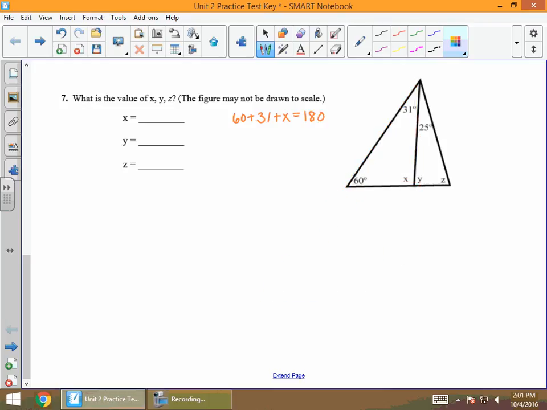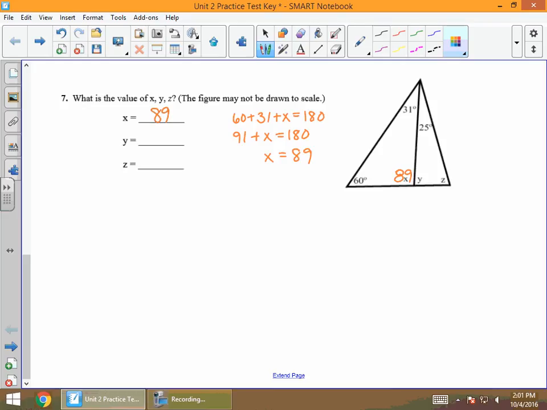All right, 60 and 31 is 91 plus x is 180. Subtract 91 on both sides, and x is 89. So x is 89 degrees. In order to find y, I'm going to draw this in now. This is now 89. To find y, I see the straight line.